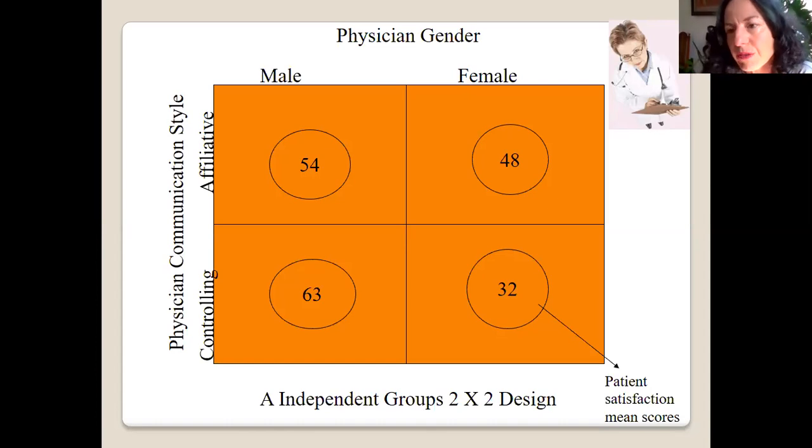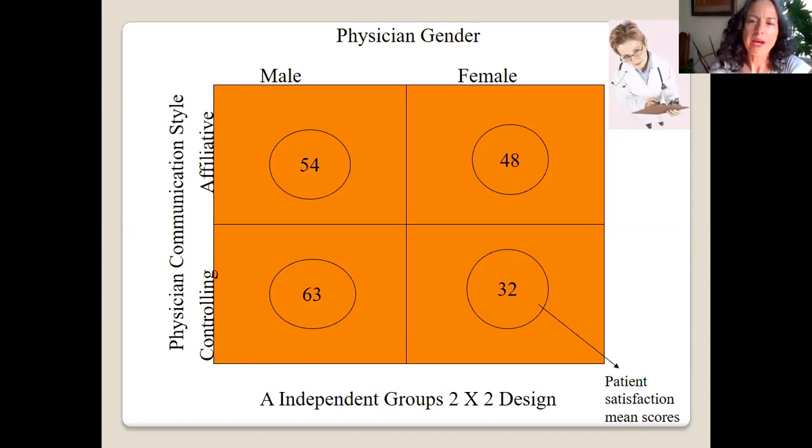And so in the controlling video, he was kind of telling the patient to do things, and not quite so non-verbally friendly. You know, he kind of sat back, he didn't make good eye contact with the patient and stuff like that. And then we had the female doctor do the same thing. And the idea was, what strategy works best for doctors?